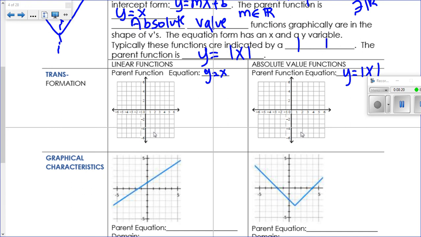So here, y equals x always goes through 0, 0, and it always goes through the middle of your graph. All the points are in sync. What I mean by that is, if you hit 1 on the x-axis, you hit 1 on the y-axis. You hit 2 on the x-axis, you hit 2 on the y-axis. Absolute value is a little bit different.